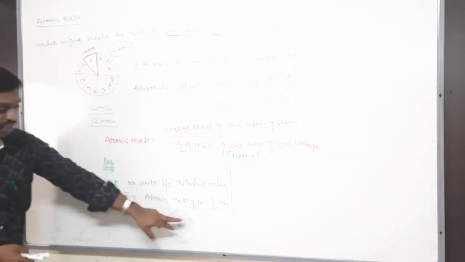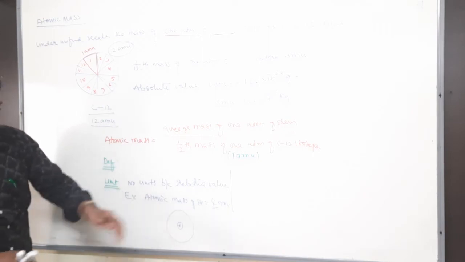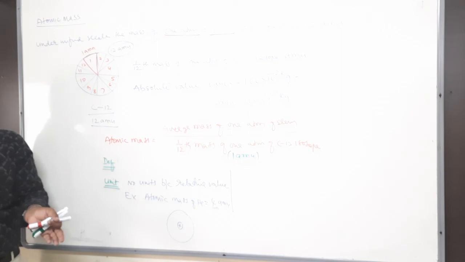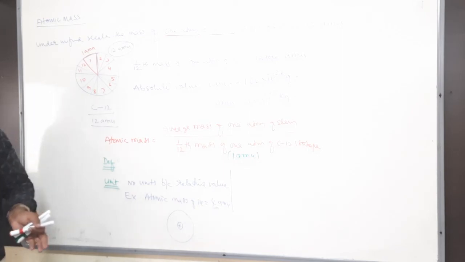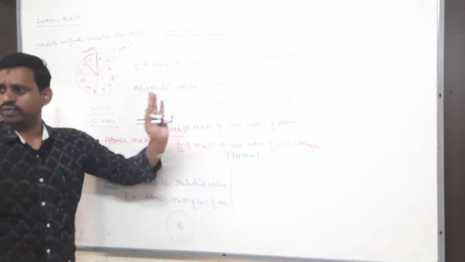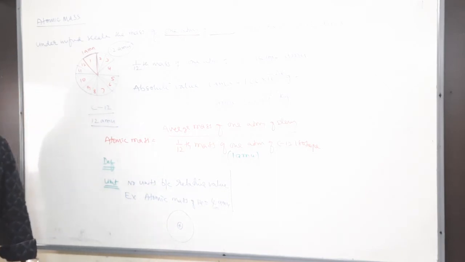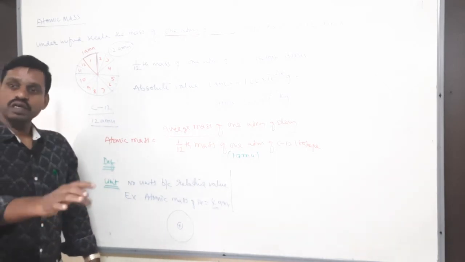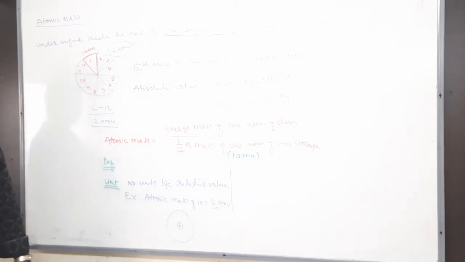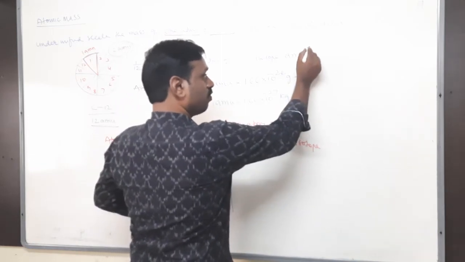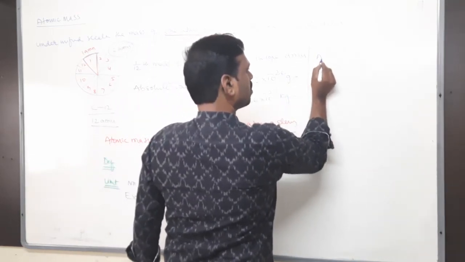That is what we write. For example, helium. If you compare the helium atom with 1 AMU, the helium atom is 4 times heavier than what? 1 AMU. That is what we have written simply as 4 AMU. Understand? The meaning of writing 4 AMU is that it is 4 times heavier than 1 AMU. Similarly, take the atomic mass of oxygen.